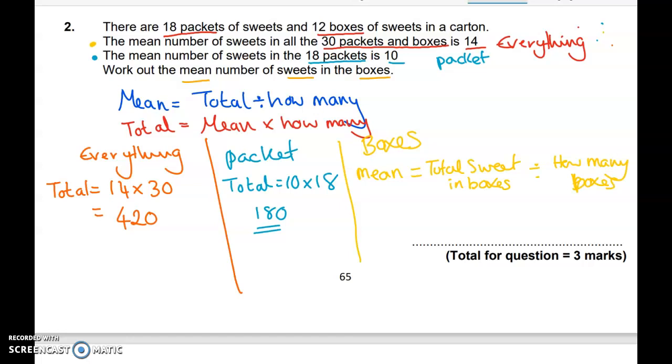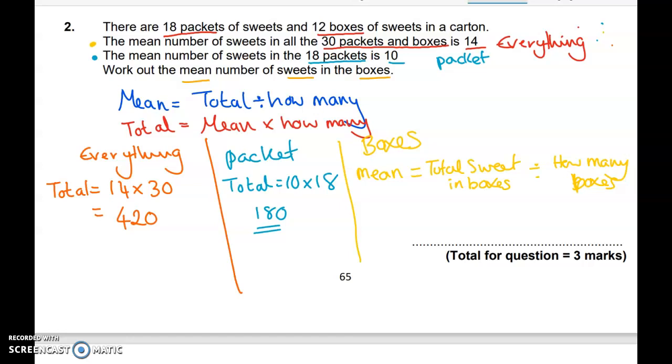My question is, how are we going to work out the total number of sweets in just the boxes? We have how many sweets there are in everything and how many sweets there are in just the packets. What do you think we do?